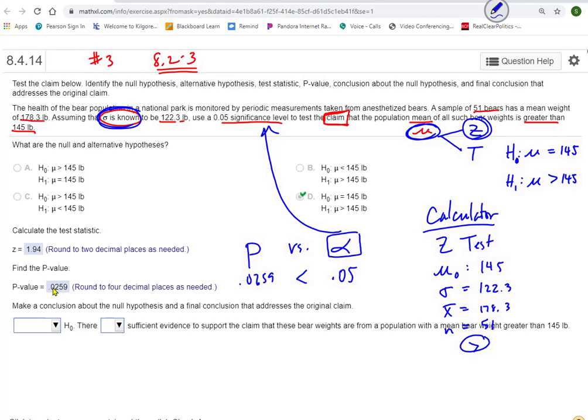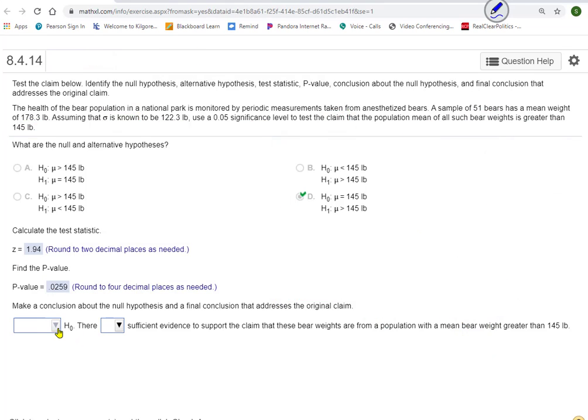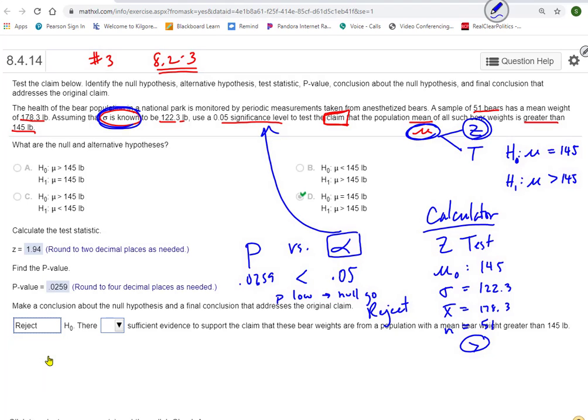If you look back in your notes, less than is like low. And so we encouraged you to remember a silly little phrase. If the p is low, then the null must go, which means we're going to reject the null hypothesis. So then we can come over here and say reject. There's only 2 options. If the p is less than, it's reject. If it's greater than, it's fail to reject.